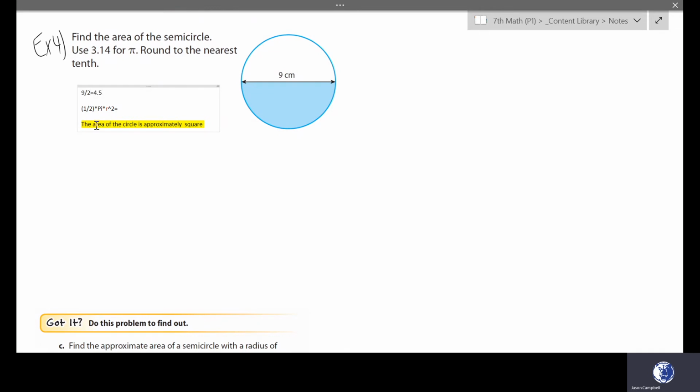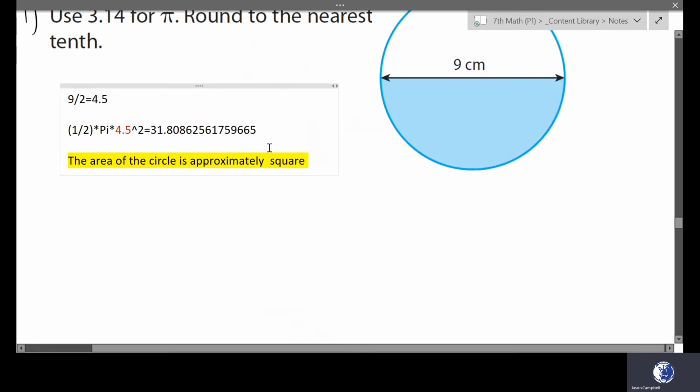So 9 divided by 2 is 4.5. When I plug 4.5 into my equation, I get an area of 31.8. So the area of the semicircle is approximately 31.8 square centimeters.